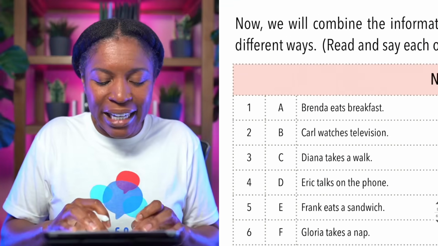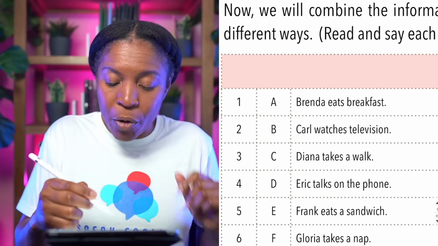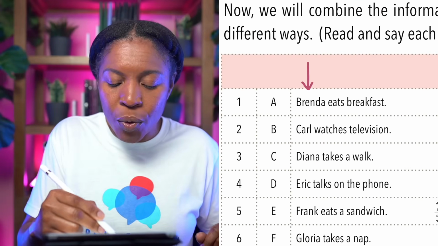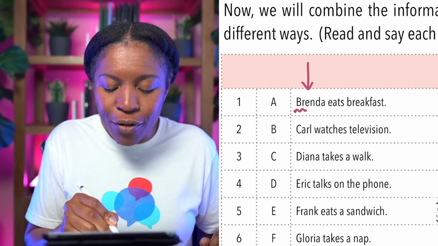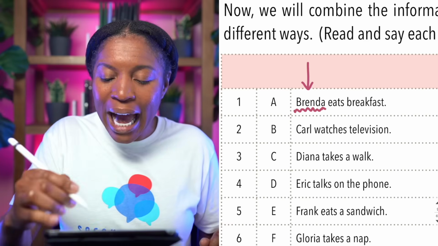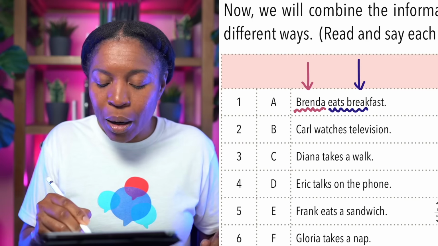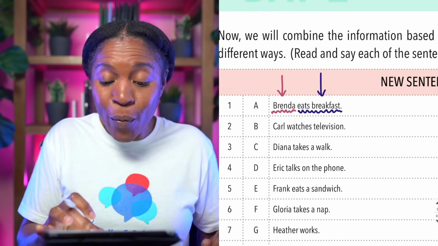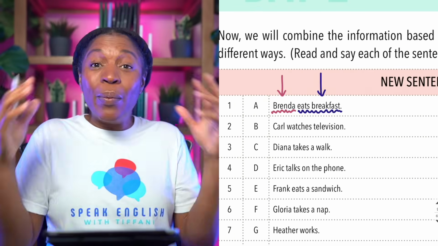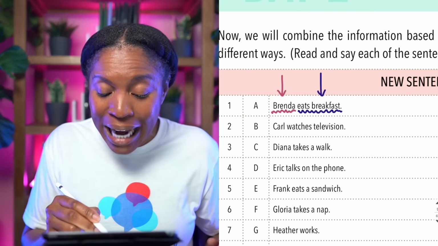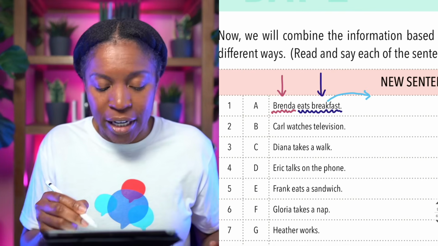So look at this. The first sentence, remember we had the who, right? Who, we have Brenda. Now we have what? Brenda eats breakfast. But remember, we expanded that when we went into even more detail. So now you can even add to this.